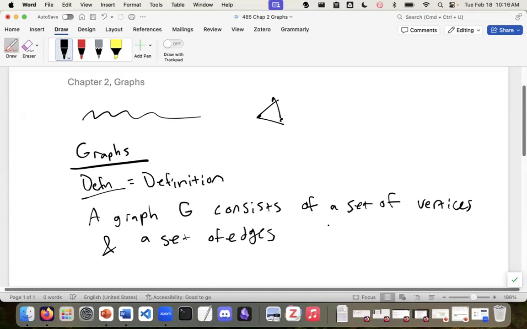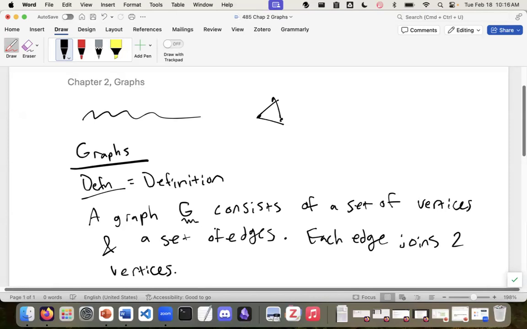And each edge joins two vertices. This is the definition that we saw in chapter 1.